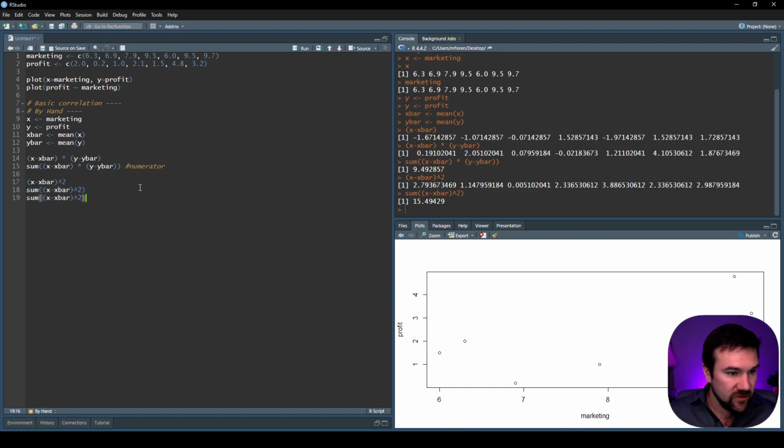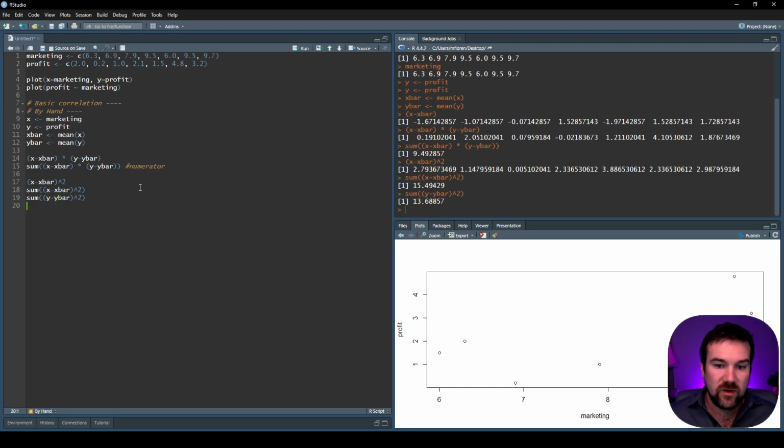And then I wanted to do that for Y minus Y bar, the sum of Y minus Y bar squared. And then I wanted to multiply these together and take the square root of all of that. So the square root, and then I just copy and paste the sum of X minus X bar, and then times the sum of Y minus Y bar. And this is my denominator.